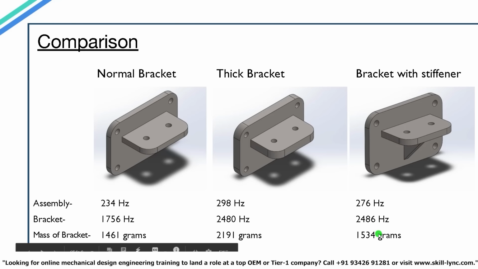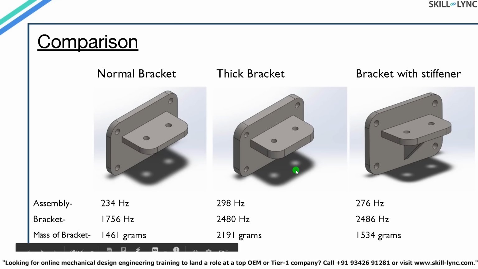Here with very little increment in mass, we have a much more appreciable increment in the resonance frequency. So this is the major application of frequency analysis. This is used to compare different resonance frequencies of different structures to determine whether they are safe or not. So I'll just go to the SolidWorks window and show you how to calculate the mass of this bracket.